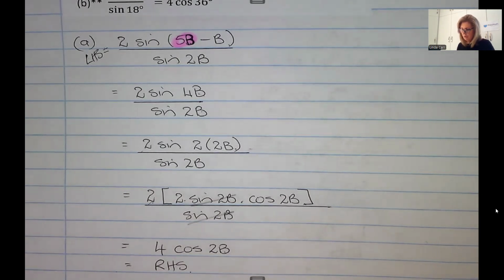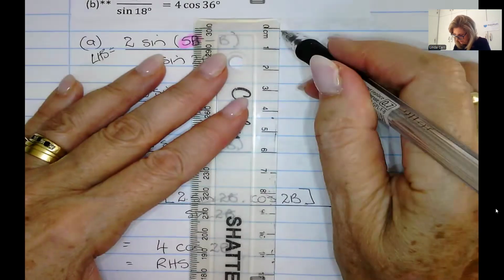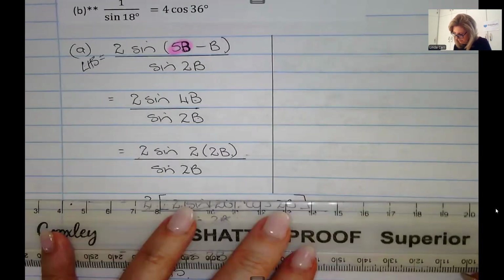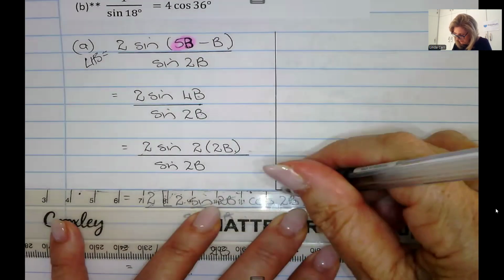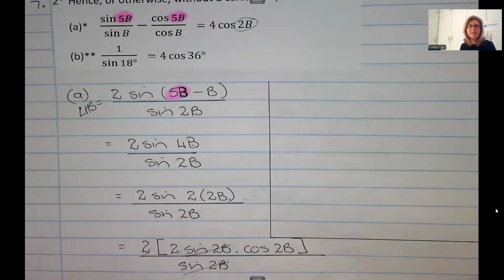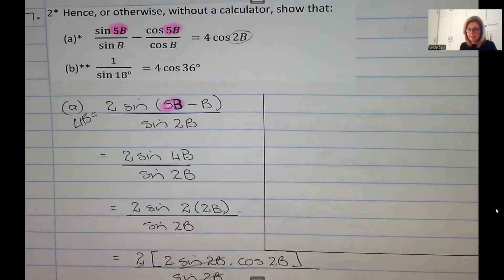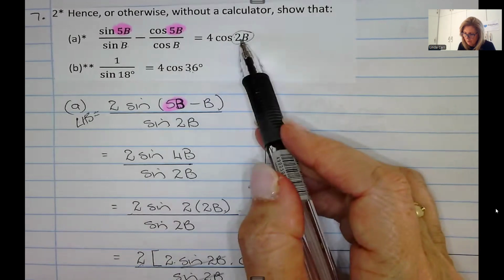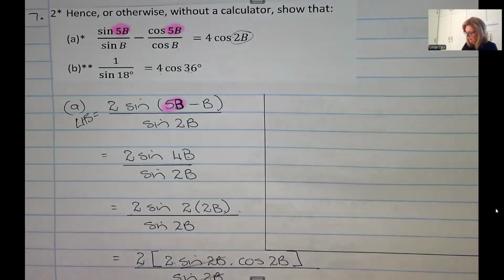Okay, now we've got to do part B of the hence question. I haven't left myself a fantastic amount of space here for part B. All right, so now I've got to try and find another link. Can you see that these two look very similar?